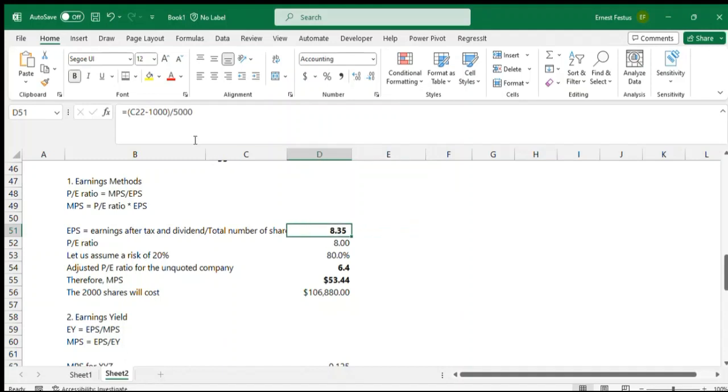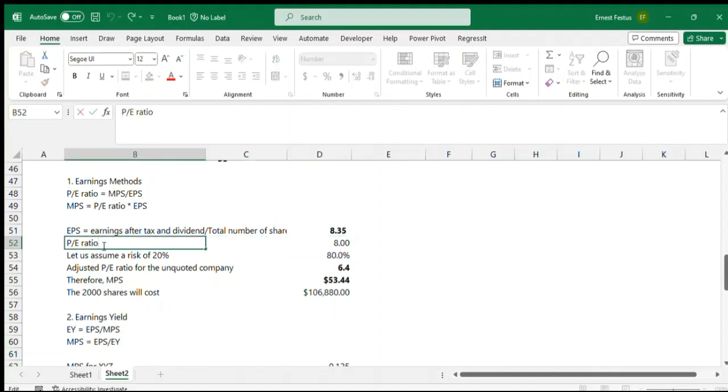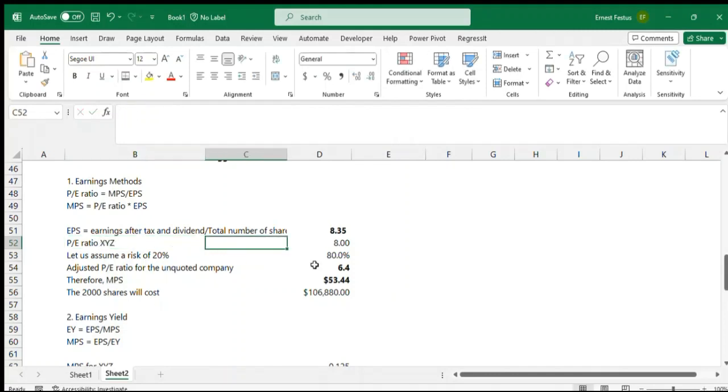So you come here, we know that the PE ratio for our quoted company. So let me actually write XYZ here. So PE ratio for XYZ is that. Now let me copy the formula to the right and see what will happen. So we have 12.5.